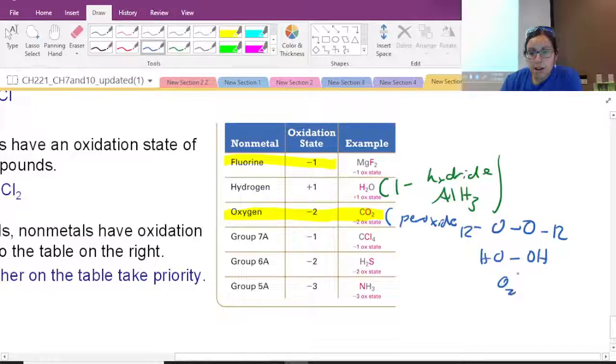In a peroxide, each oxygen is -1. That's the only exception. Then it follows how you expect: group 7 is always -1, group 6 is -2, group 5 is -3.